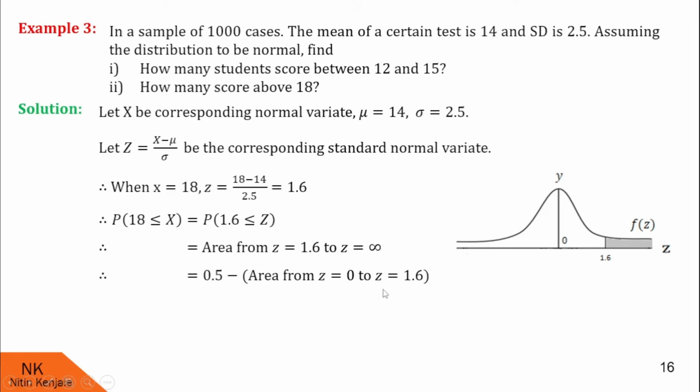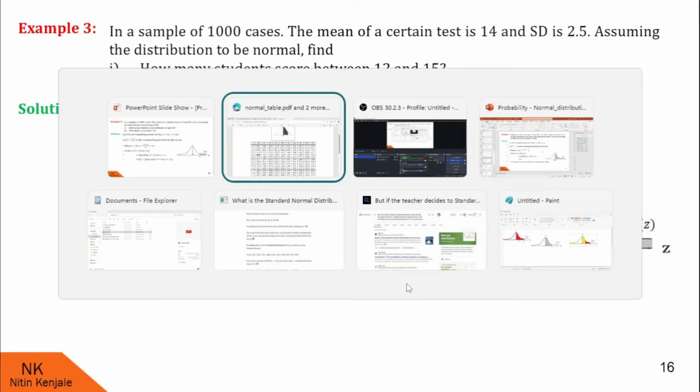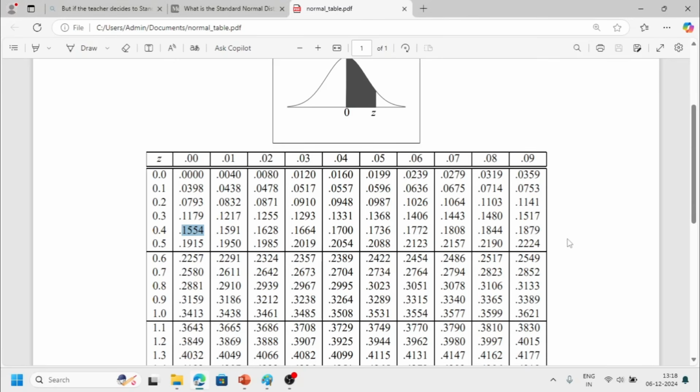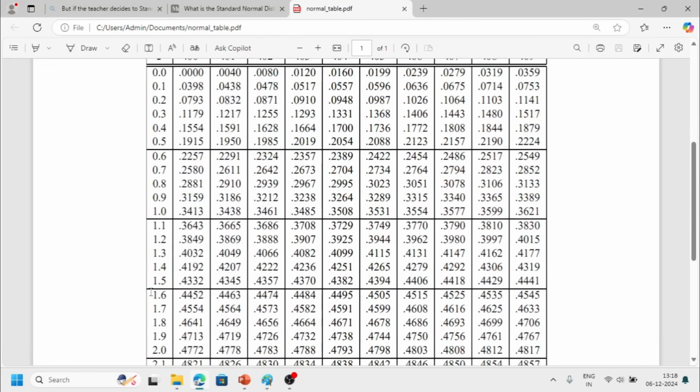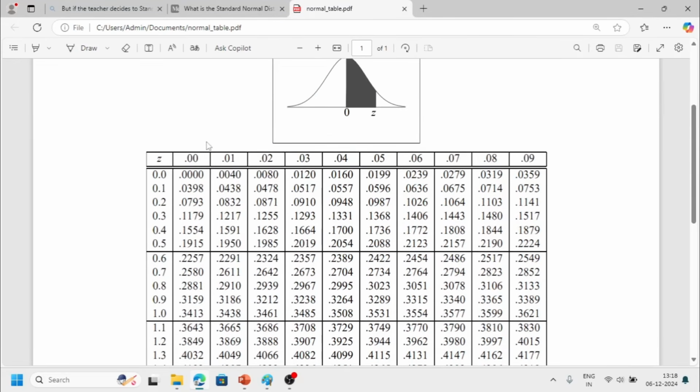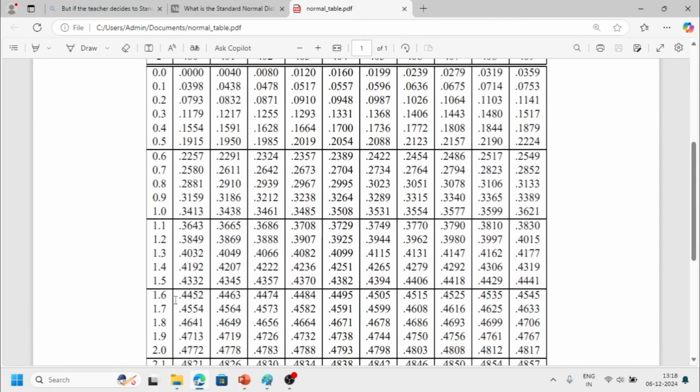So let us calculate the area from z equal to 0 to 1.6 using the standard normal distribution table. Look for 1.60 in this first column. Here is 1.6 and this is the 0th column. So 1.60 is 0.4452.